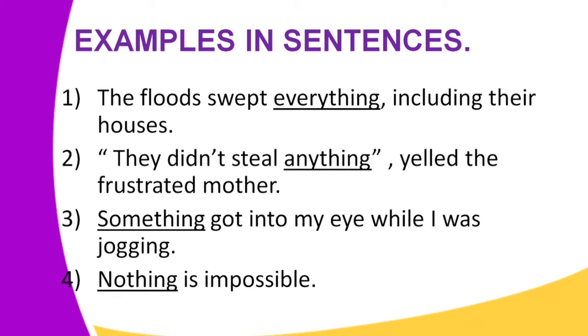So anything, again, being used to objects that we can't see. Again, it's not specific. Next, we have something got into my eye while I was jogging. Something, you're not specific, whether it was an insect, whether it was a particle of sand, just something, you're not specific. Number 4, nothing is impossible. Another indefinite pronoun.